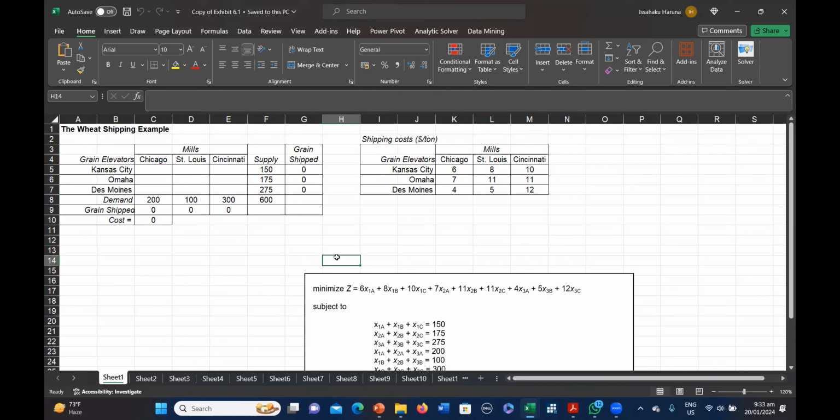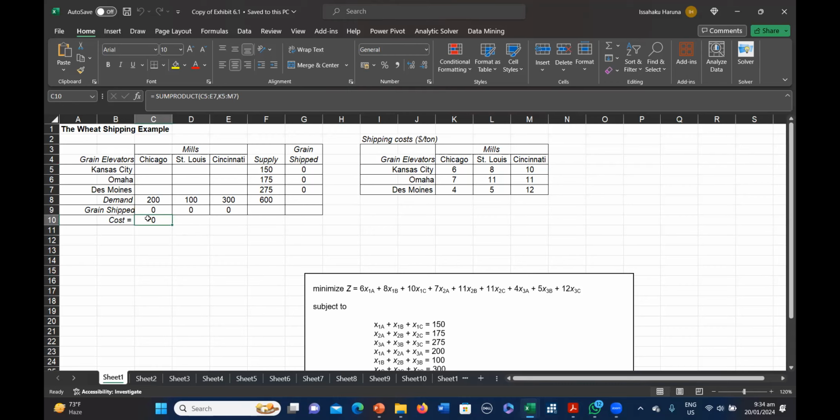Then the cost is what we are trying to minimize. If you put your cursor on where the cost is equal to 0, that's 0. Here we are using what we call the sum product. You will see that the objective function, we had each of the decision variables multiplied by the respective cost and summing together.